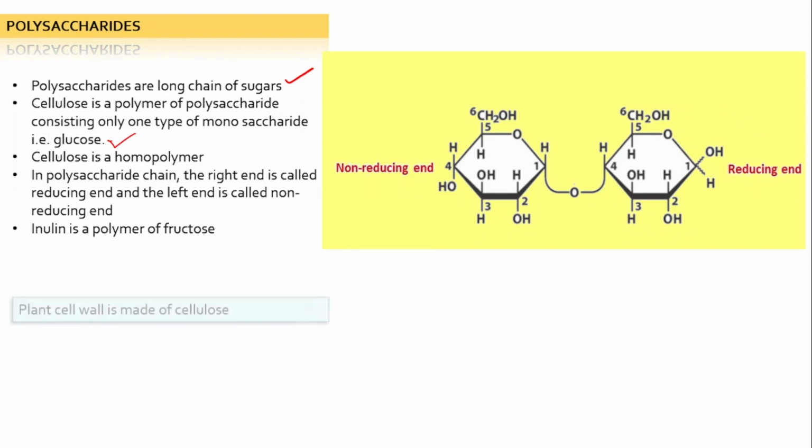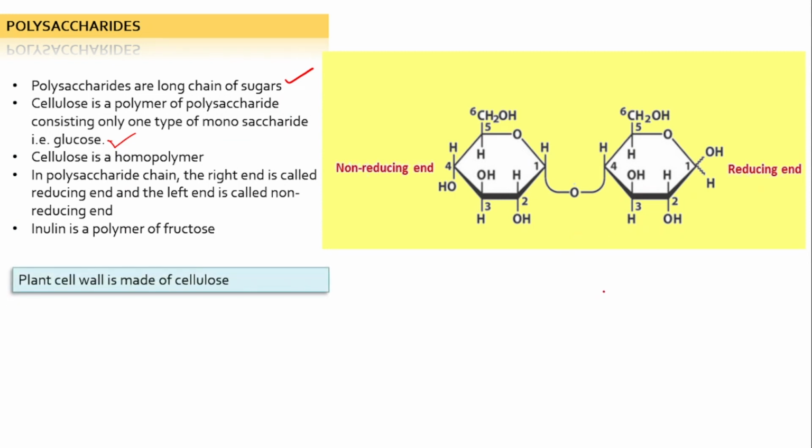Cellulose is a homopolymer. Heteropolymer means different, and homopolymer means the same monosaccharide, that is glucose. If you look at the chain, you will find only glucose. If it is a heteropolymer, then you have different sugars attached.